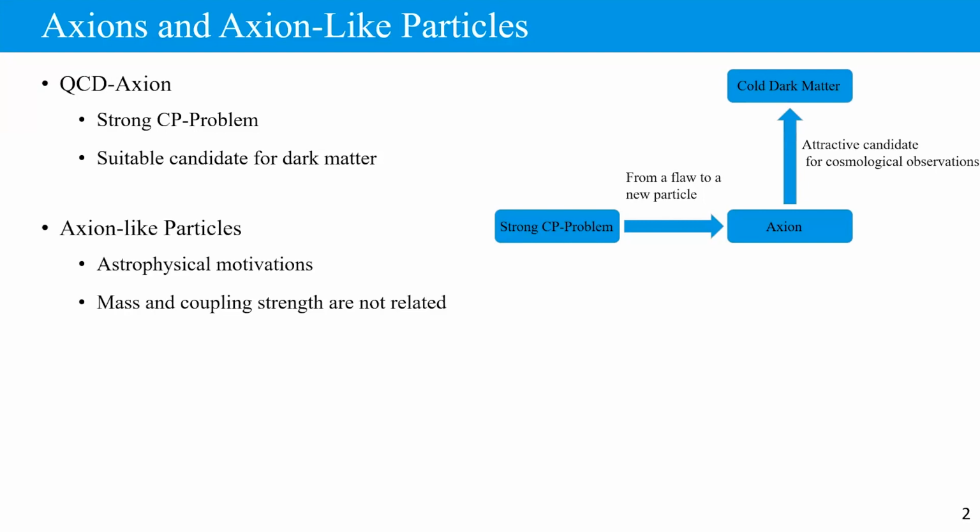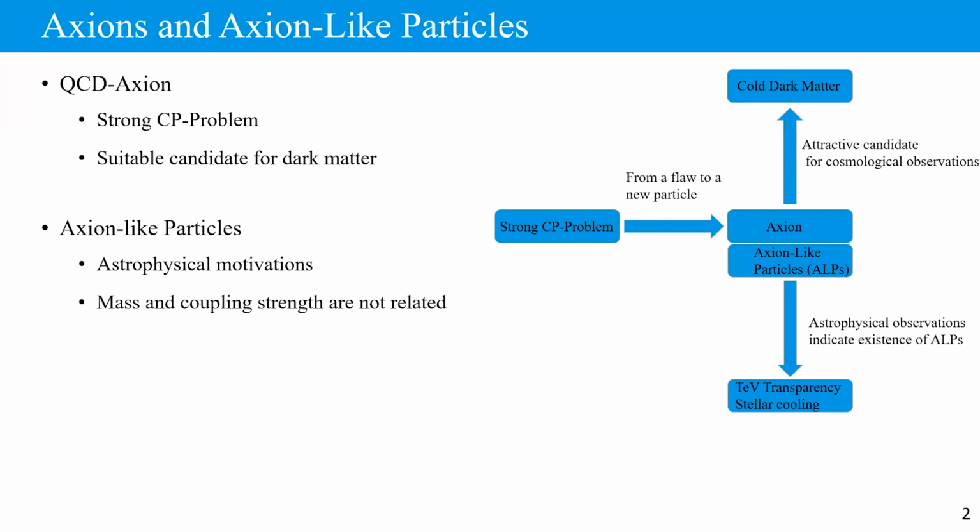Besides the QCD axions, we also have indications from some astrophysical observations, like the tera-electron volt transparency of the universe. These indicate that there might also be other particles that share the same characteristics with the QCD axion, but have a different mass and coupling strength relation.